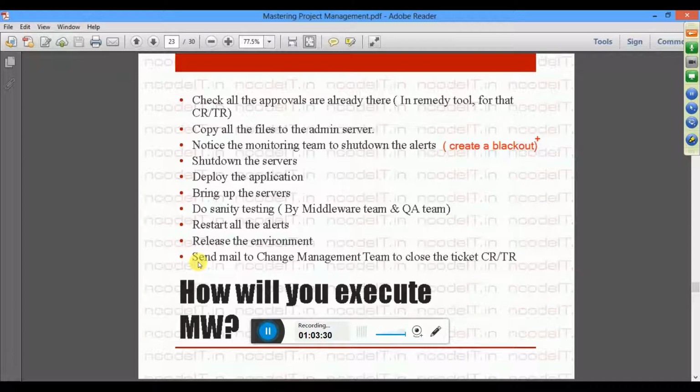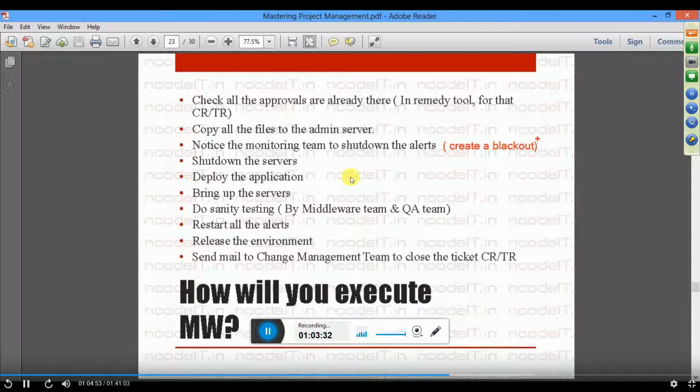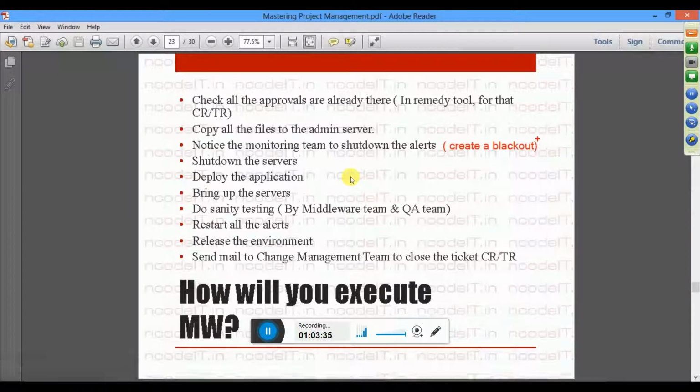We don't know how to configure it. There is a separate team that monitors a lot of environments, not just our project. They have a centralized monitoring tool that monitors middleware, databases, network systems, switches, routers, everything. So we are not owners of the monitoring tool, and we don't know how to configure an alert.